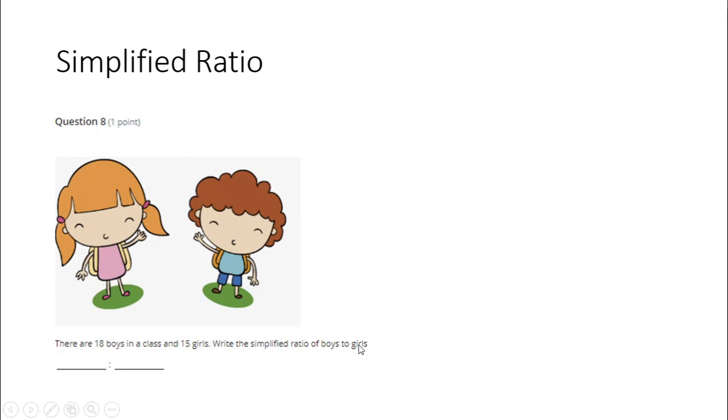Watch out for that, because on a really mean exam, they might switch the order on you. But generally, it's in the same order. So let's start our answer out showing the order of our values. So boys to girls. We're told the number of boys and the number of girls, so let's put that in the ratio under the appropriate side. 18 boys to 15 girls.